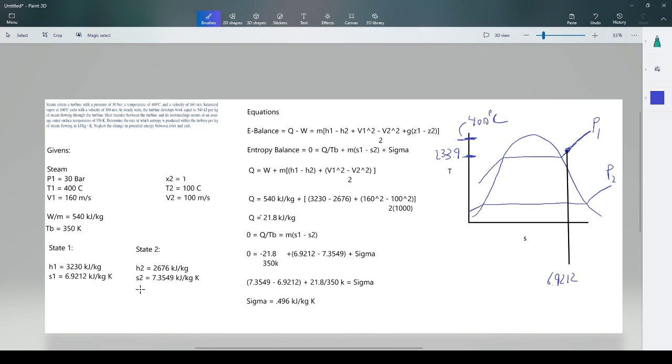And because we went through the process, as you see here, our second entropy is 7.35, and he is correct where it ends up. It ends up right here, right on the border, because we were given that the quality is 1. So this would be state 2, and this one would be state 1.